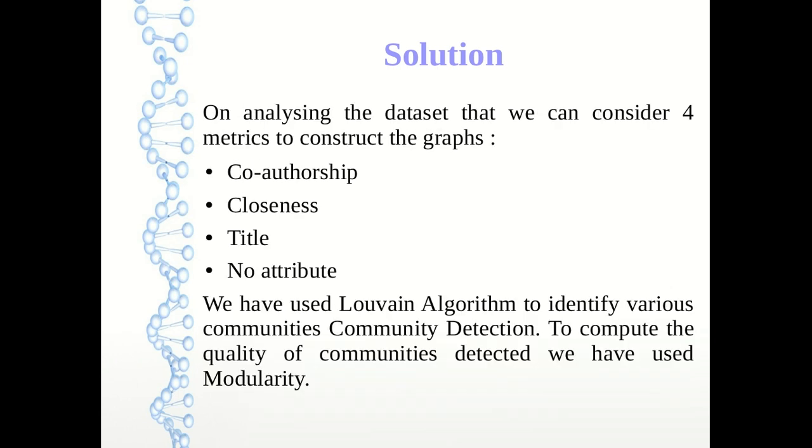On analyzing our dataset, we found that we could use four metrics to construct our graphs: co-authorship, closeness, titles, and no attributes. That is, we considered all links in our graph as having the same weight. Then we applied the Louvain algorithm on these graphs to compute various communities. To compute the quality of the communities detected, we use the modularity metric.